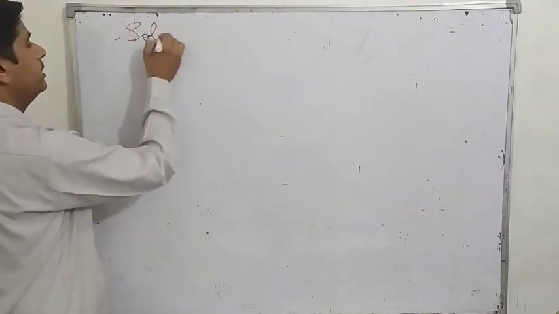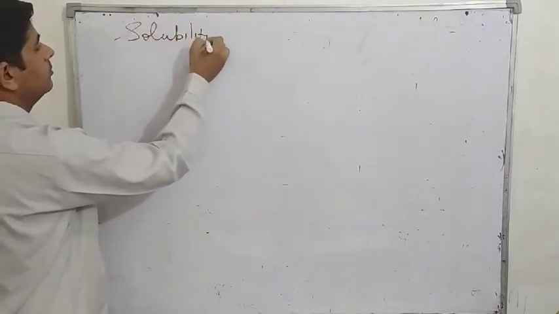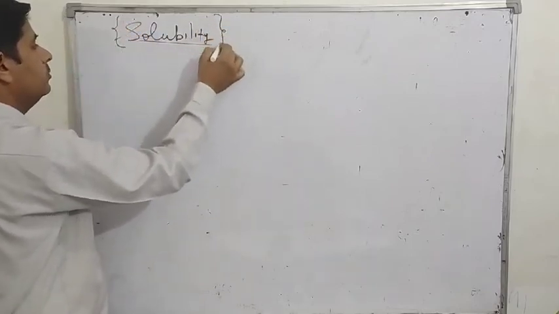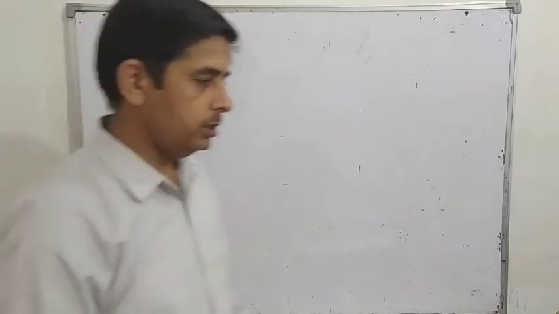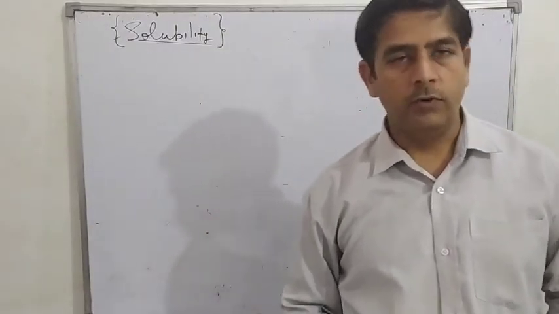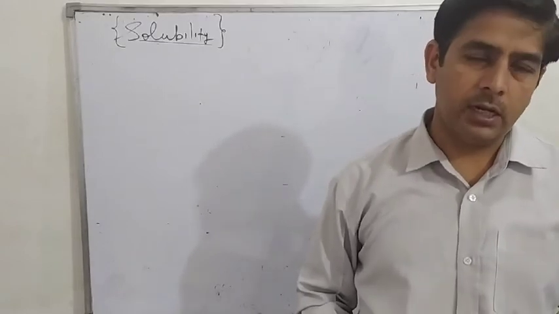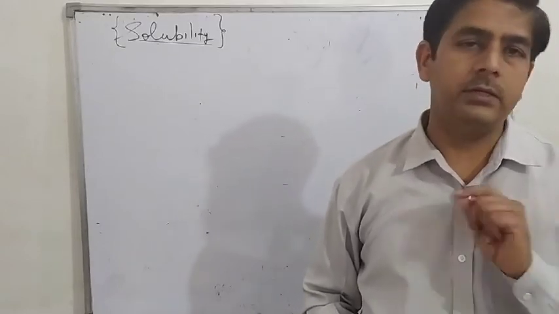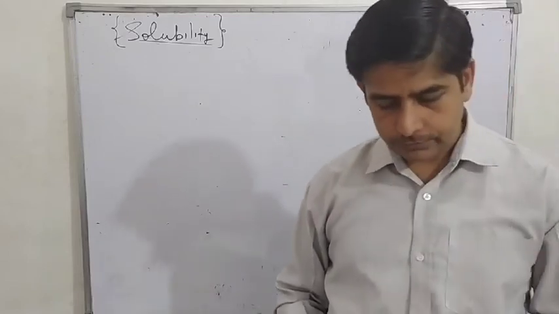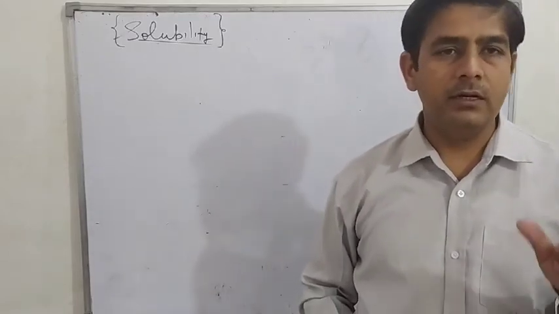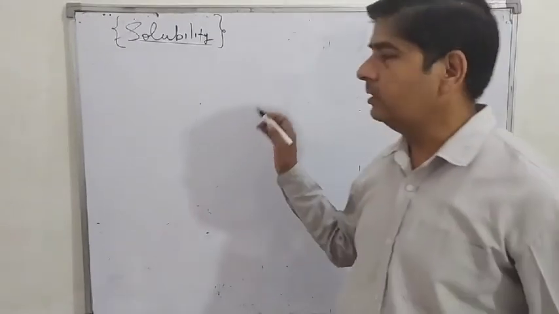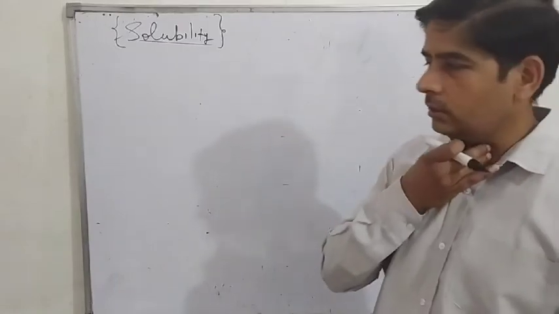Okay, and next the topic is solubility. Solubility is also a physical property. Actually, solubility of a compound in water depends on two factors. One factor is hydration energy and another factor is lattice energy. In case of alkyl halides, alkyl halides are less soluble in water.